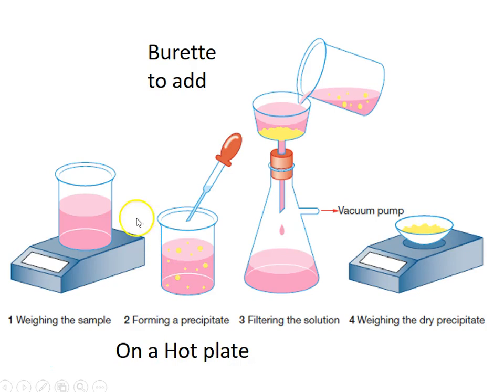Alright, so this should be peanut butter. We dissolve it, which they haven't shown, and then we're going to use a piece of glassware to add our silver nitrate. So we've put the salt that's dissolved from the peanut butter and everything else in here, and we're going to add our silver nitrate from this apparatus.